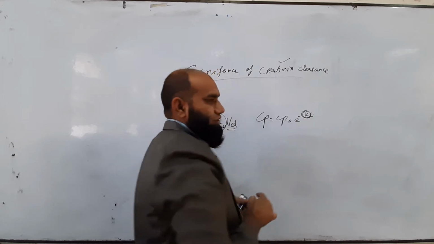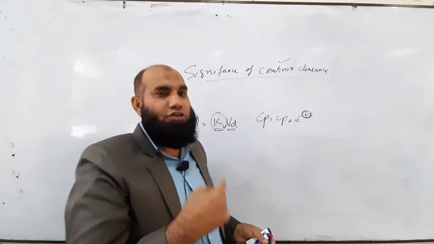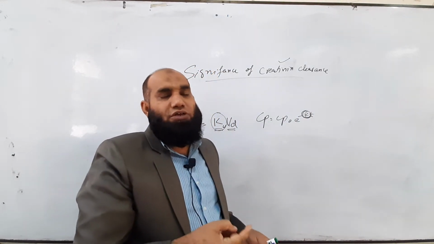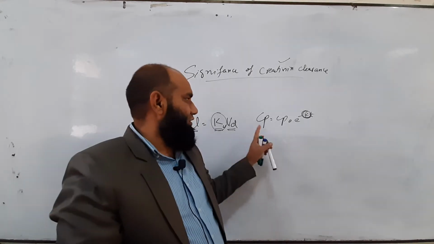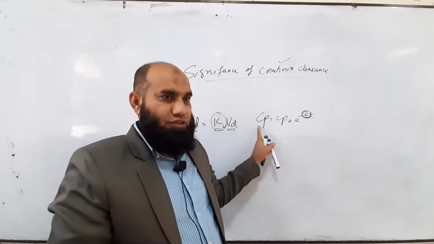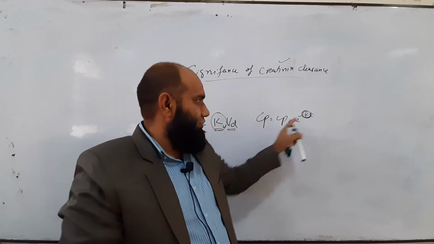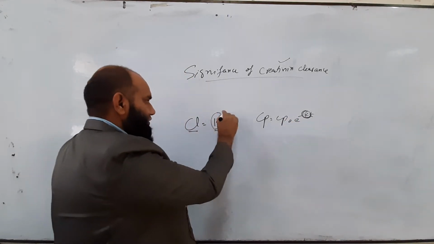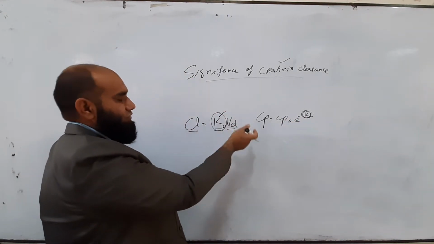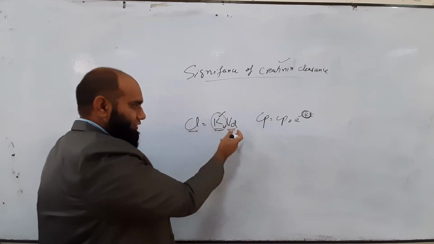When we change the rate of change of concentration in urine with respect to time, it means we have a change in the plasma concentration also. When we change the rate constant K, we will also see the change in the clearance and also the Vd.